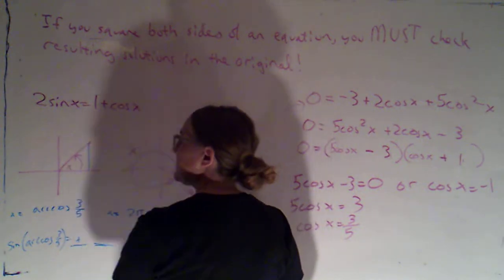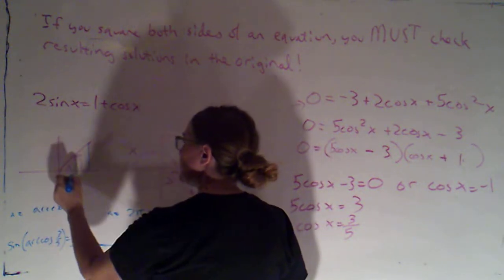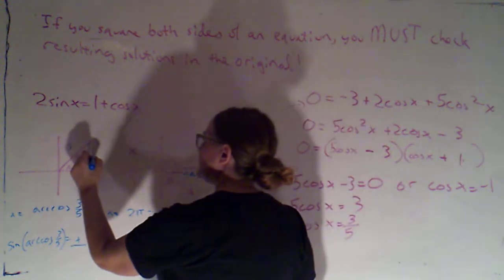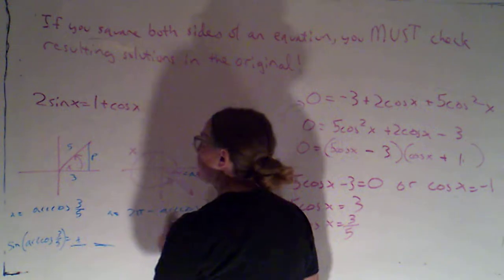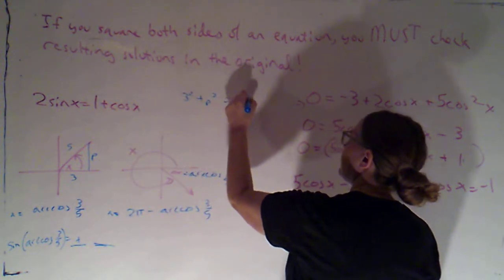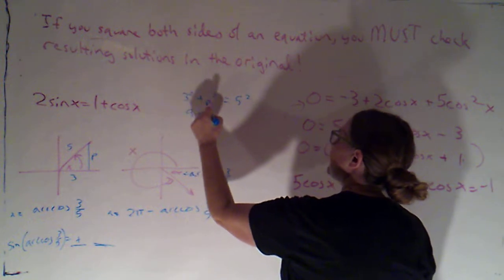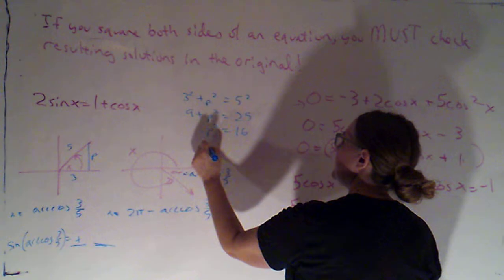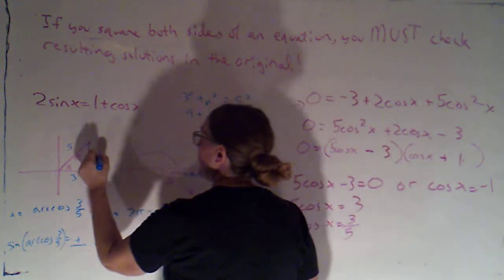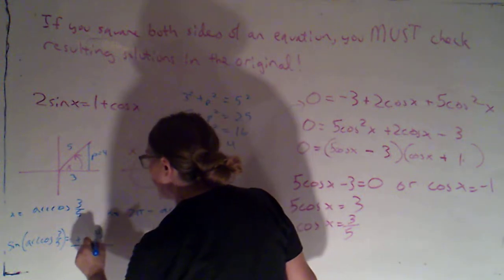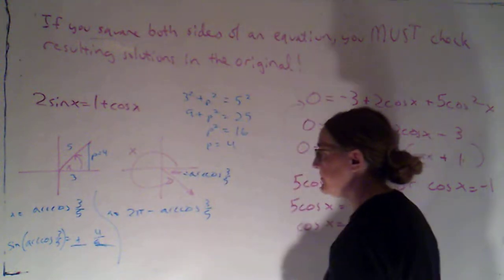And then I can draw in my triangle. If cosine was 3/5, then I can solve for the opposite side. So, 3 squared plus p squared is 5 squared. 9 plus p squared is 25. P squared is 16. P is just going to be 4. That's kind of nice. So sine would be 4/5 over here.